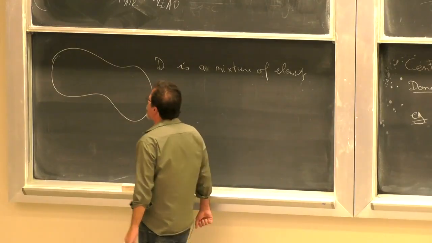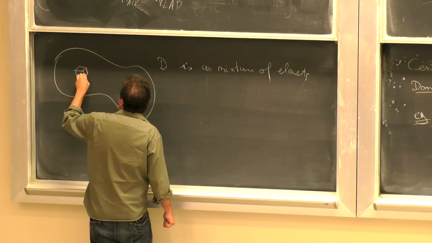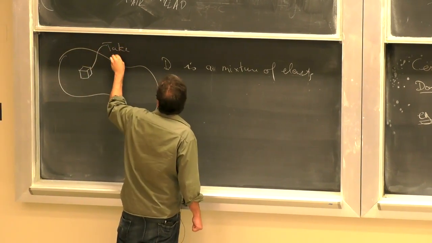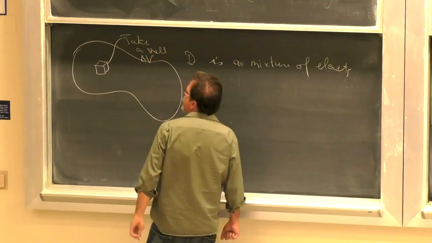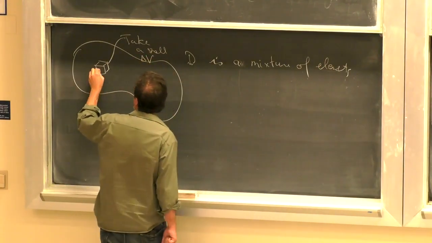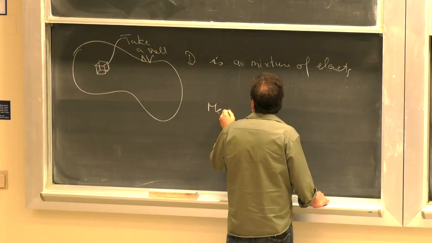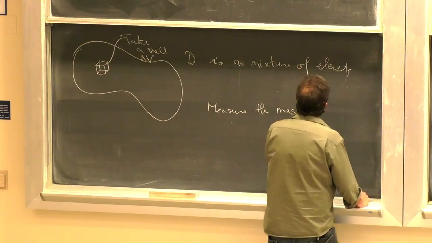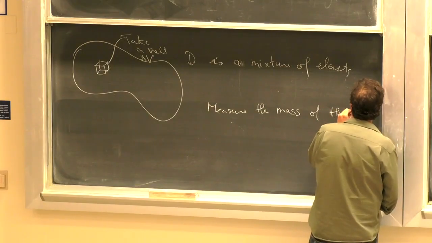And what we do is we imagine going in here and taking a piece. Take a small delta V, a small volume out of here, and measure the mass of the volume you cut out.